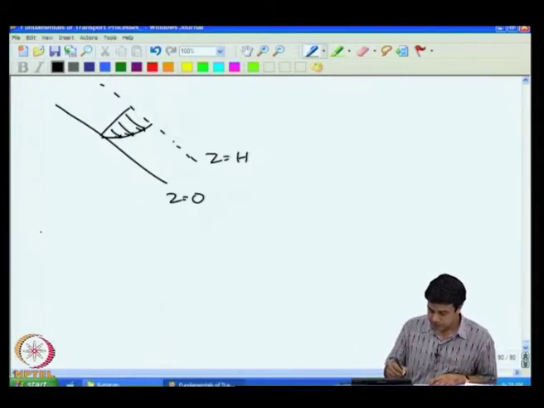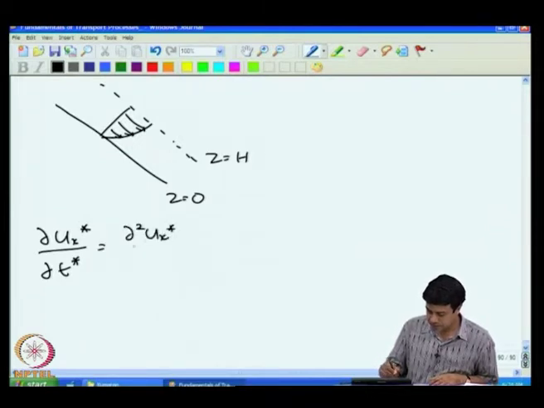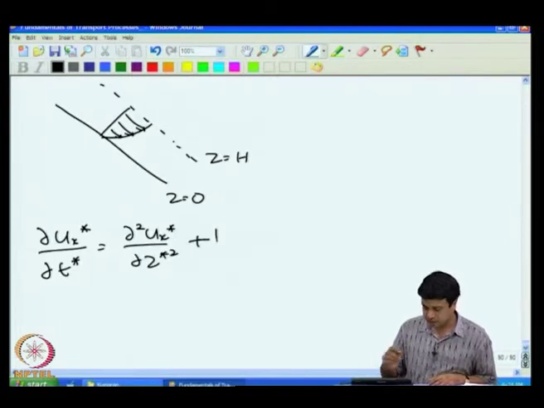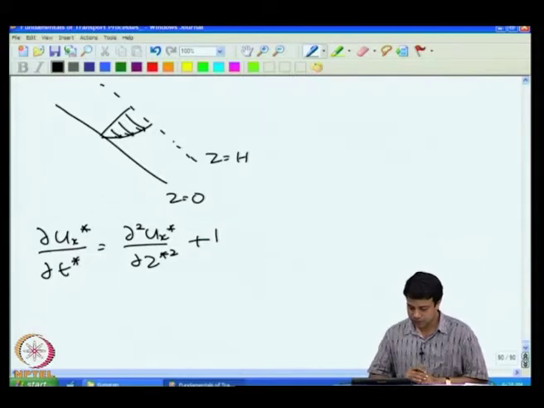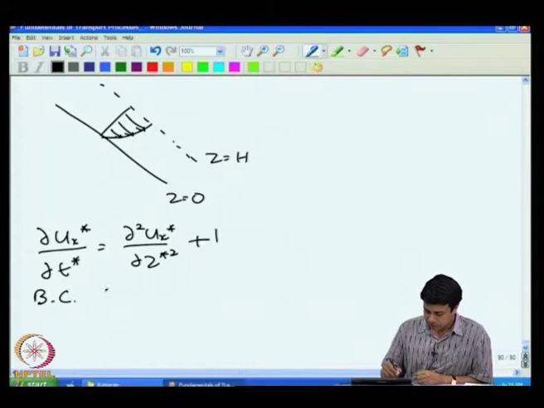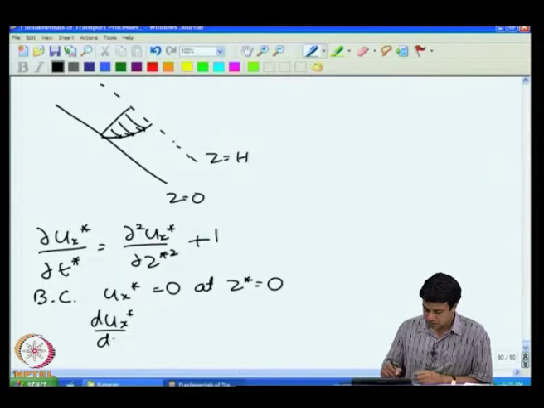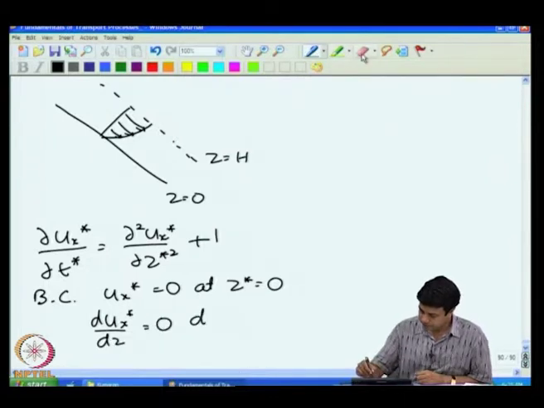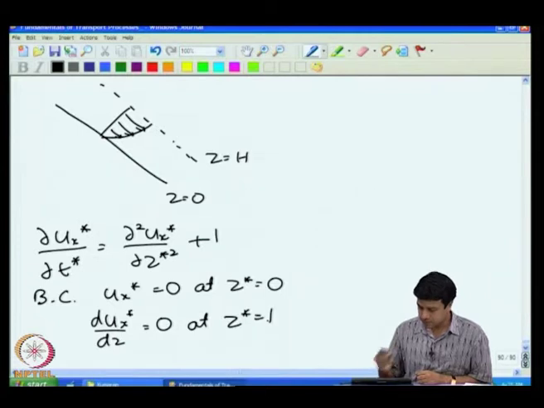So, the equation is dux by dt is equal to d square ux by dz square plus 1, in non-dimensional terms. The boundary conditions are ux is equal to 0 at z equal to 0, and the stress is 0 at z is equal to 1.